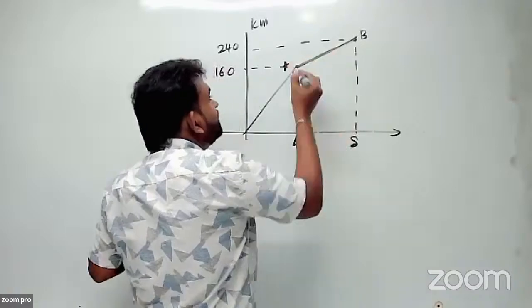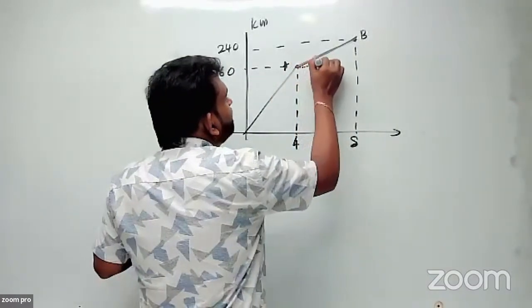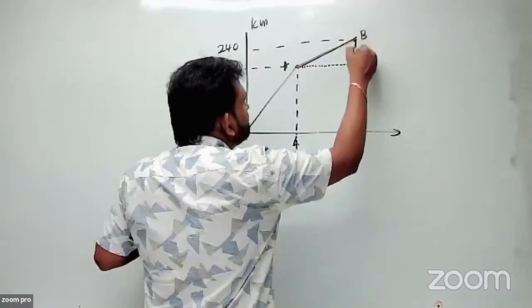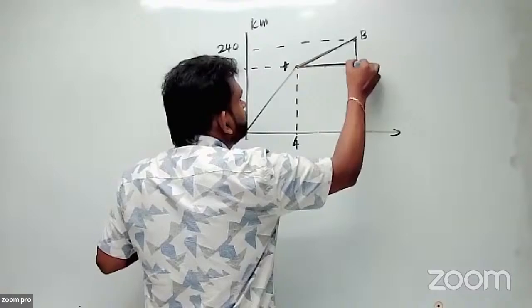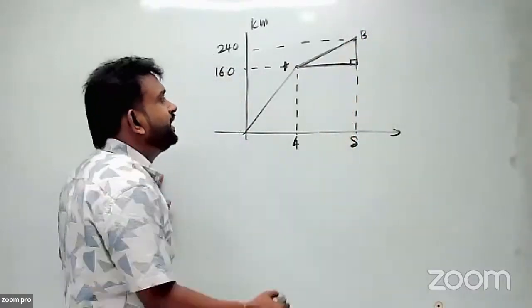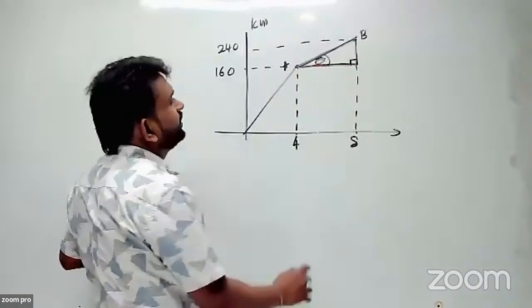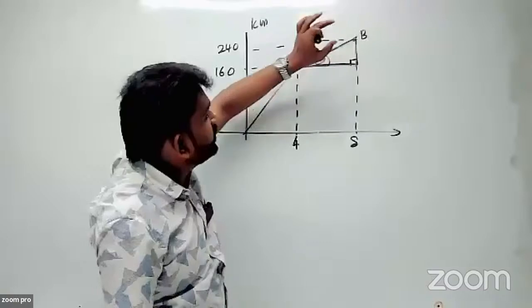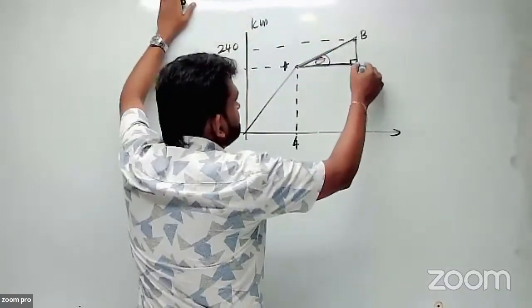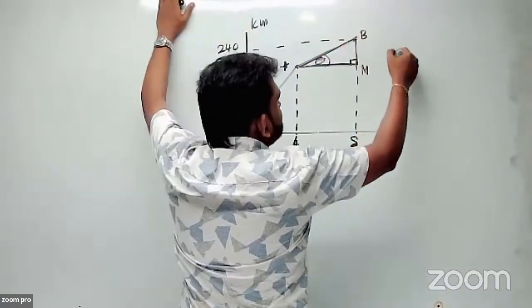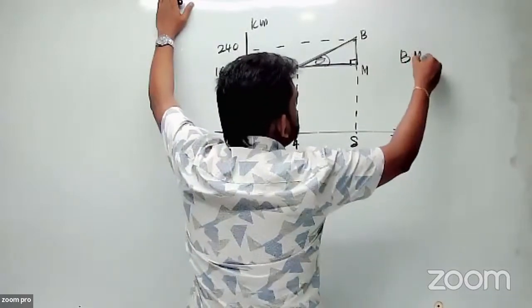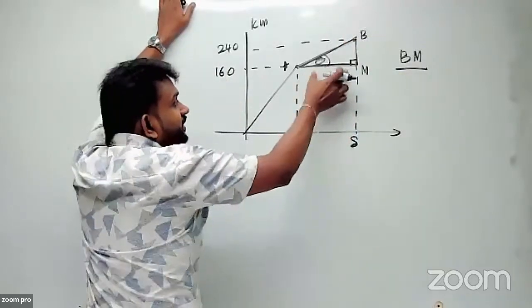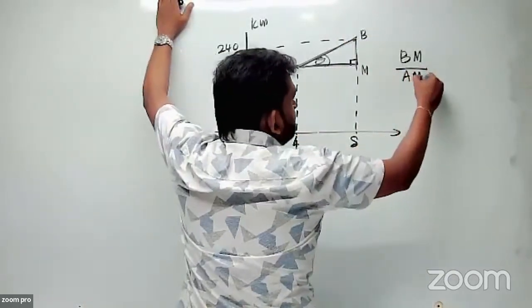Make a right angle triangle with AB as the hypotenuse. Then the gradient, tan theta, is the vertical height divided by the horizontal length.